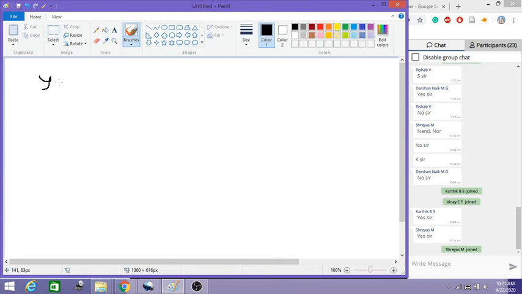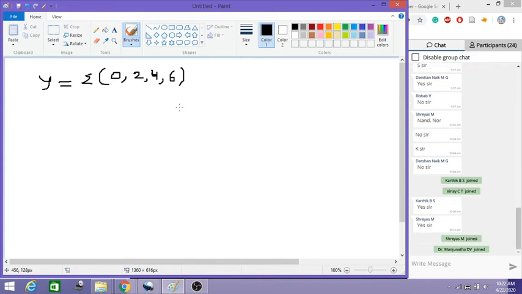The special requirement is that, so I'll write Y is equal to summation of, say, 0, 2, 4, 6 for 3 inputs. It means my output should be 1 for even numbers. So this is the requirement.